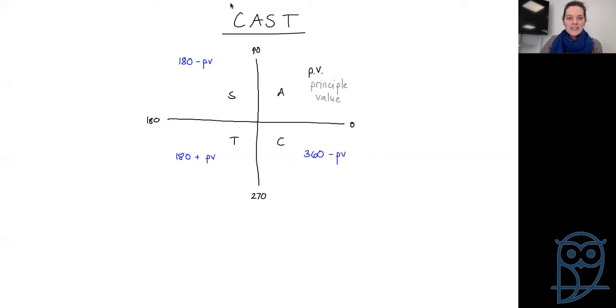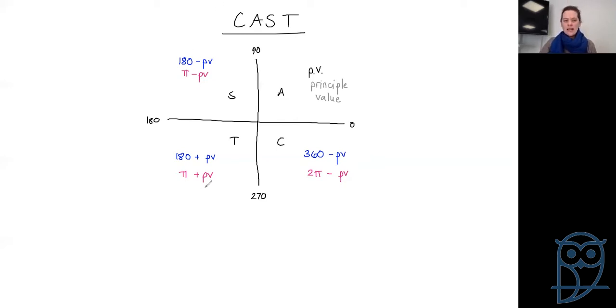So for thoroughness, if we're working in radians, PV is still from 0 to pi over 2. Then we would have pi minus PV in this quadrant, pi plus PV here, and here we would have 2 pi minus PV. Because remember, everything we do for trig is exactly the same. The methods stay the same for degrees and radians, it's just the units that we're working in.